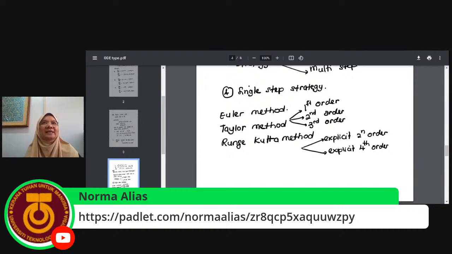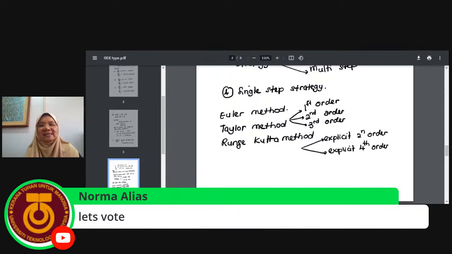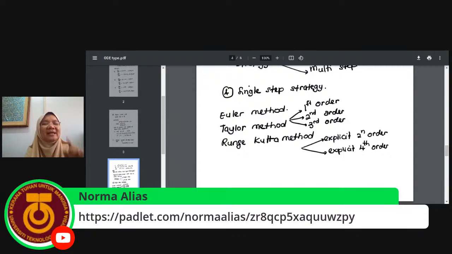Jacobi is explicit and Gauss-Seidel we consider implicit. In chapter 9, you solved the parabolic equation using Crank-Nicolson, which is semi-explicit, semi-implicit. Now let's answer the question: what do you understand about explicit and implicit?